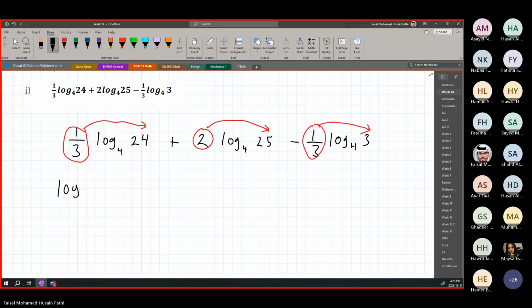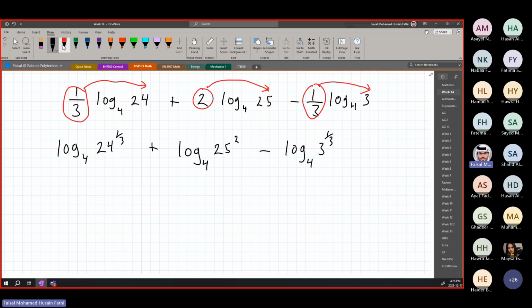So log 4 of 24 to the power of 1 over 3, plus log 4 of 25 to the power of 2, minus log 4 of 3 to the power of 1 over 3. That's your first step. Second step, if you have the same bases, yes, we do, this will become multiplication and this will become division.